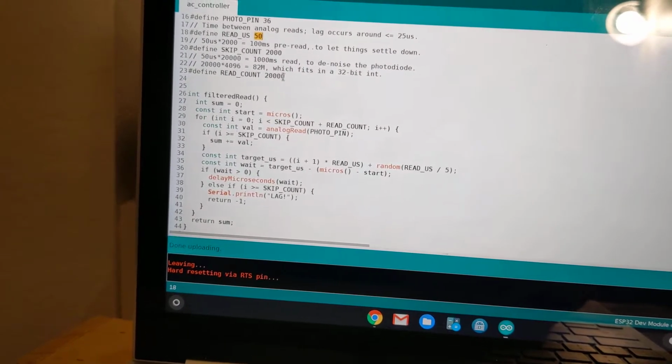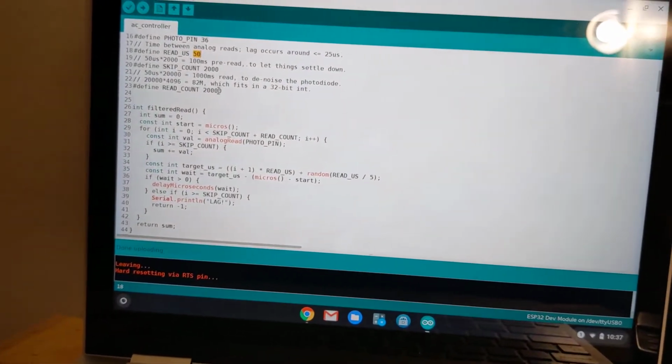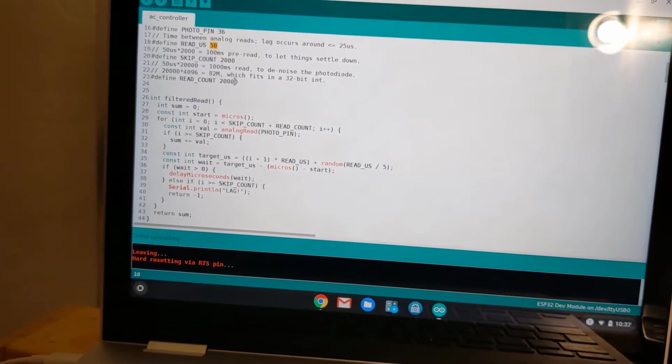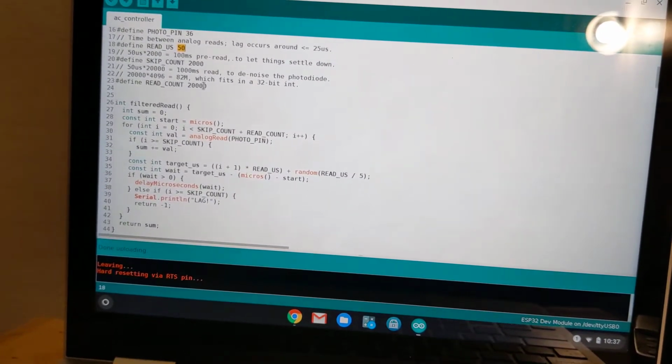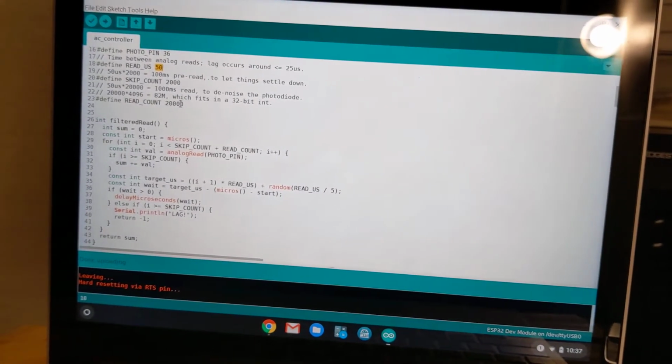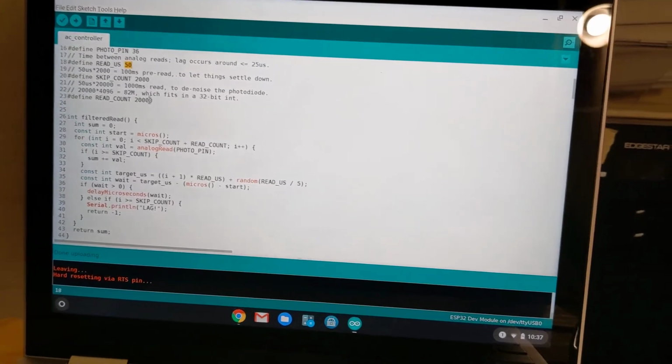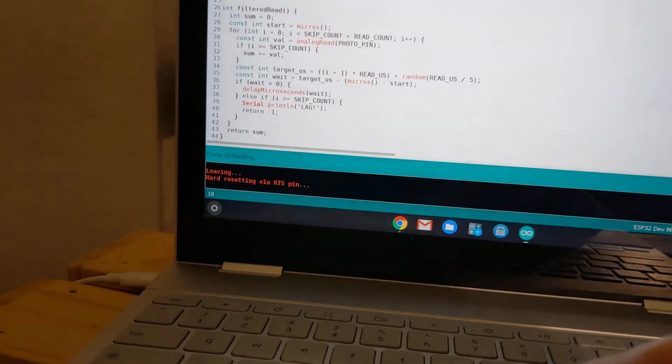So in practice, that's 1 second of reading the photodiode, just over and over again, and I add up all the reads and take the average, and that gives me a stable brightness value. So it's like a software capacitor. Anyway, that's all this thing does right now, is just tell me what mode it's in.